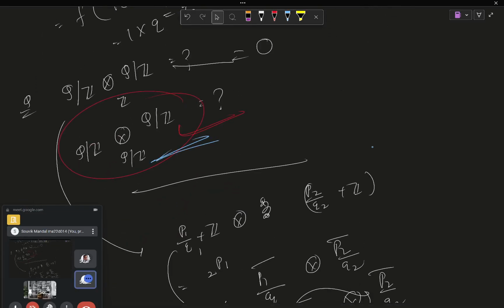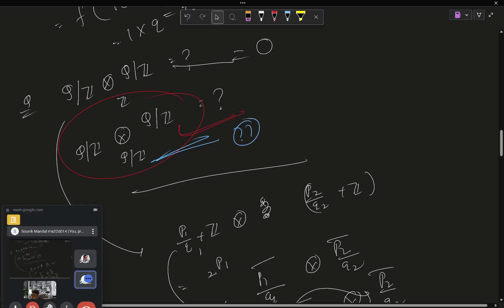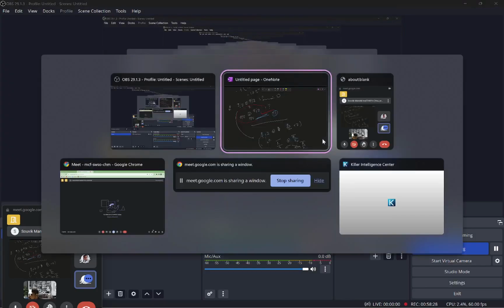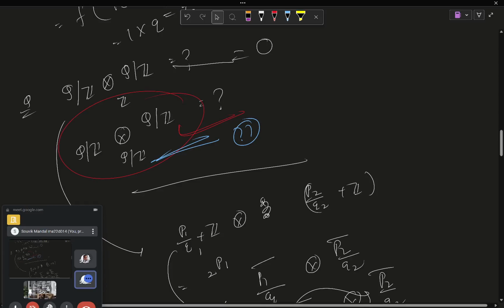Tell me this. So QZ tensor QZ over Z is 0.